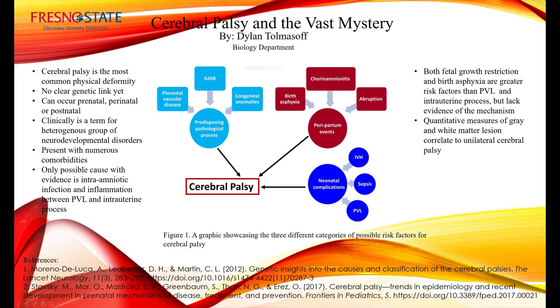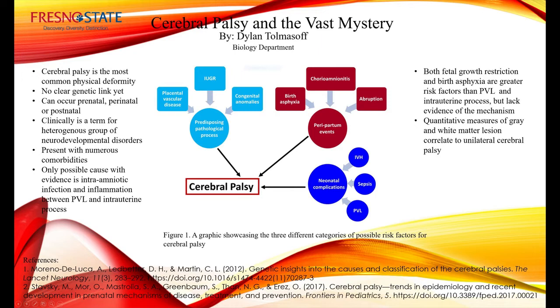The intrauterine process that is linked with fetal growth restriction also led to neuronal damage and resulting cerebral palsy, yet the association between preeclampsia and the development of cerebral palsy is under constant debate.